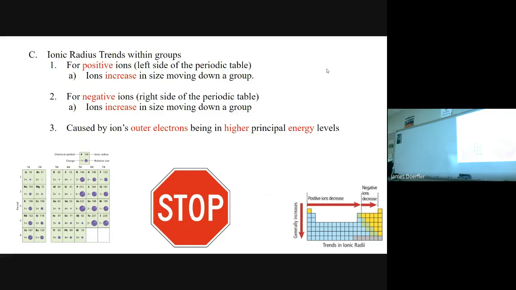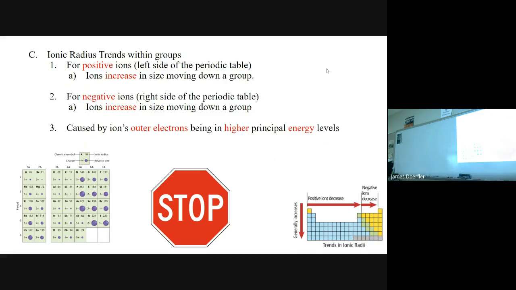Now let's talk about rubidium and strontium. Are they in the same group or same period? What's that? No. What'd you say? You say rubidium? You agree with them? Who agrees with Caden that it's rubidium? You should agree with him.